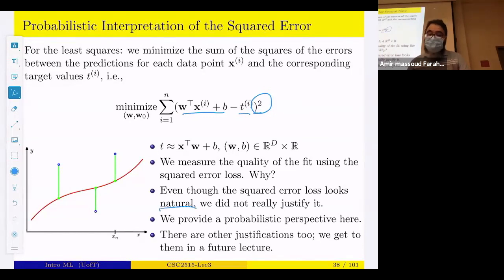The loss looks very natural, but you may ask why that's a good solution. There are at least two answers for that. One answer is that we can have a probabilistic perspective for what this squared error loss is doing. And then there is another justification, which I will talk about in the next lecture on bias and variance decomposition.